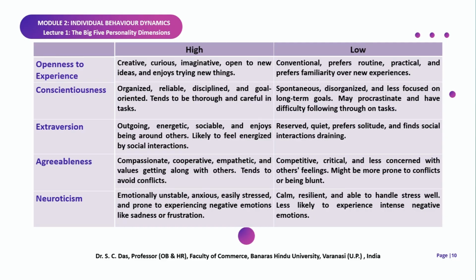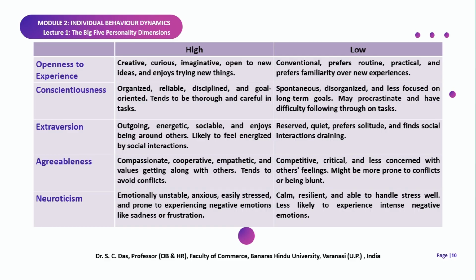Agreeableness: compassionate, cooperative, empathic. And low agreeableness: competitive, critical, less concerned with others' feelings, might be more prone to conflict or being blunt. To be competitive is not bad, but the thing is, at what level?